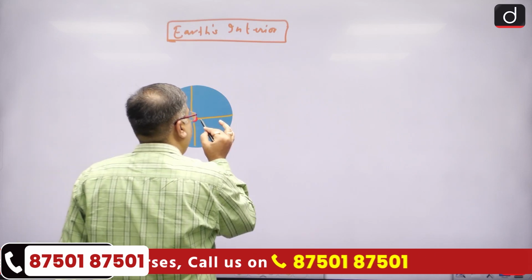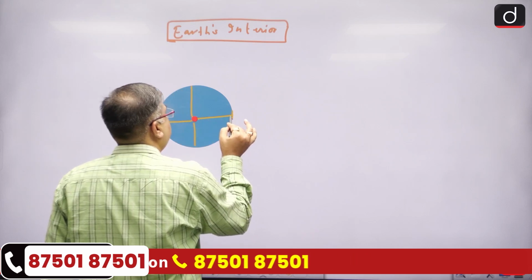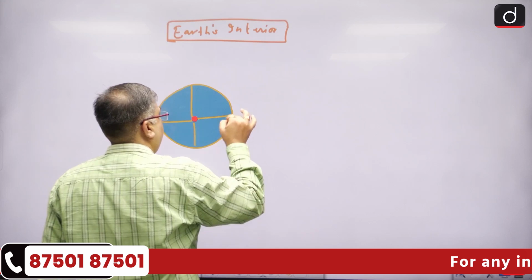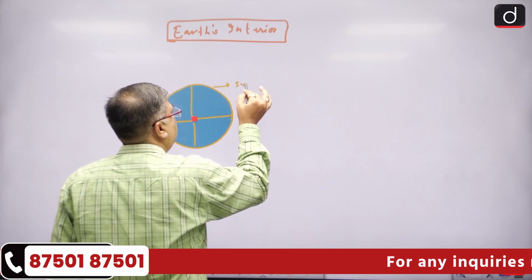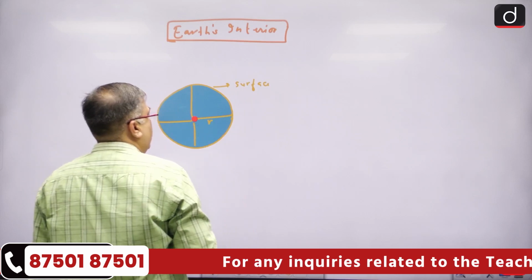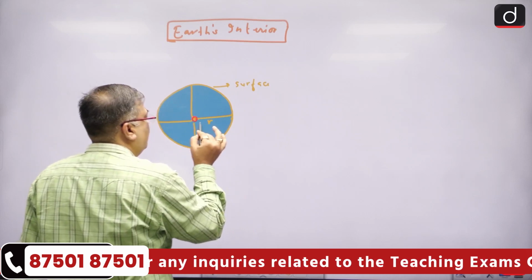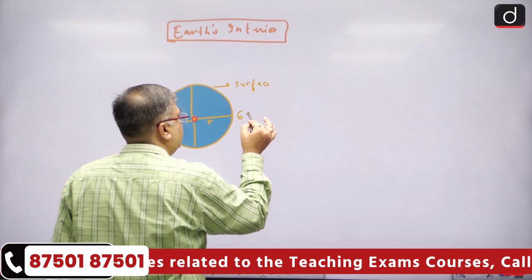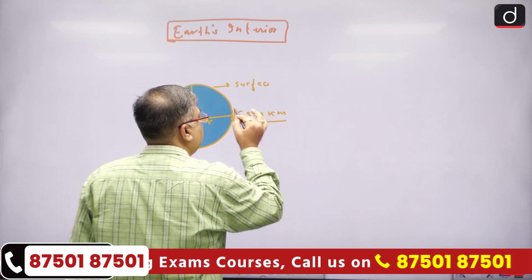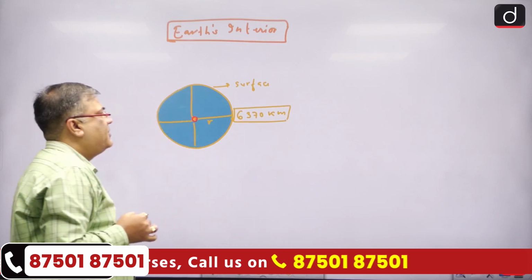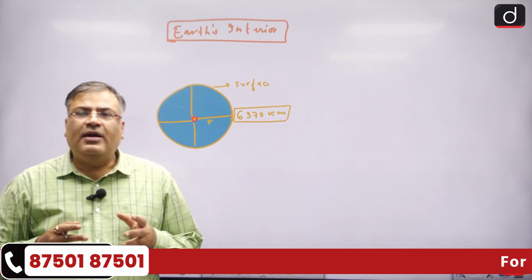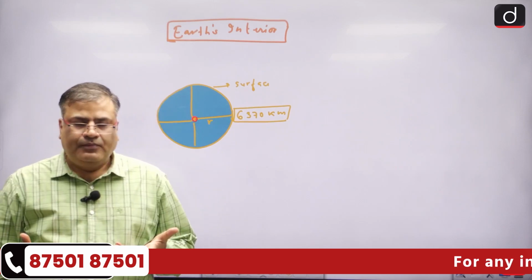Fine. And the distance from the surface to this is the surface. This is surface. Fine. This is radius, and this is the core. So from here to here, the distance is 6370 kilometer. So idea is that up to the depth of 6370 kilometer, what kind of behavior Earth interior has?